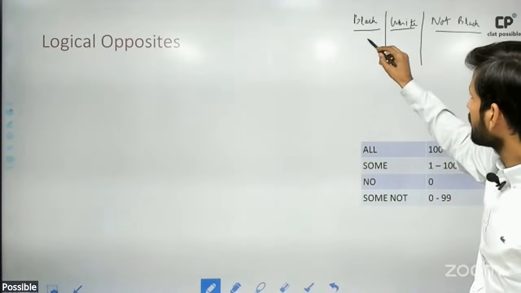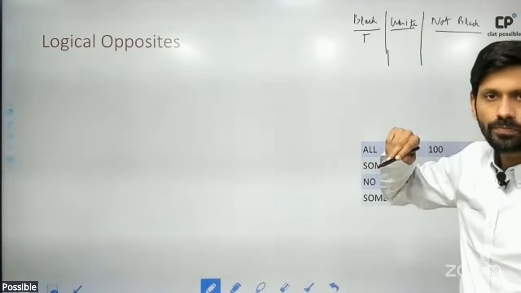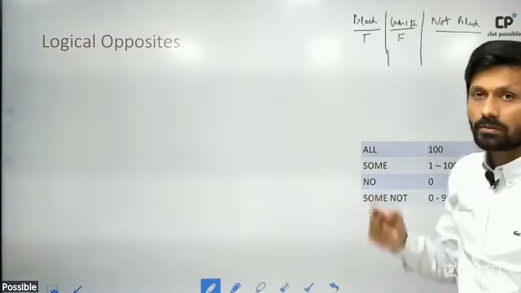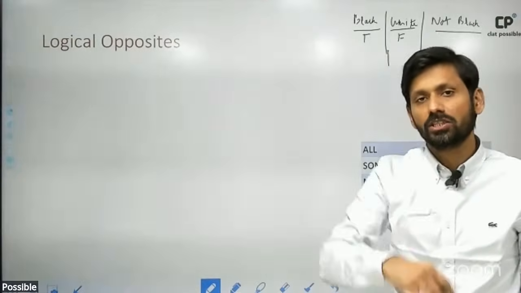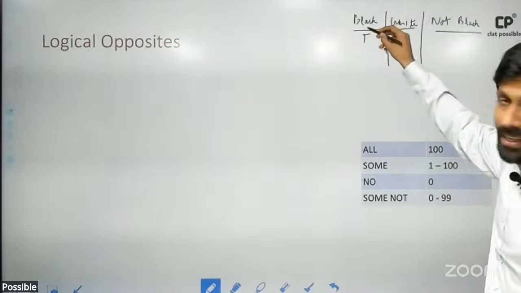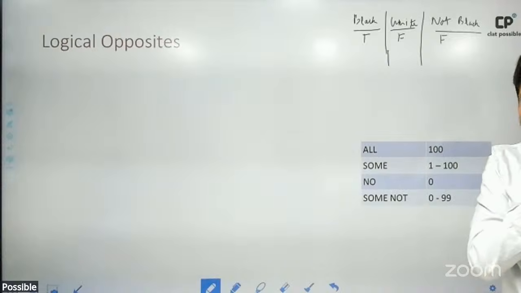So very quickly, if I'm saying something is black is true, that thing is white becomes false because they are opposites, and that's the fundamental trait of two opposites. If one is true, the other is false. And so black, when it is true, not black also is false, right?